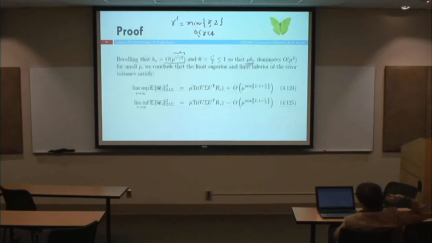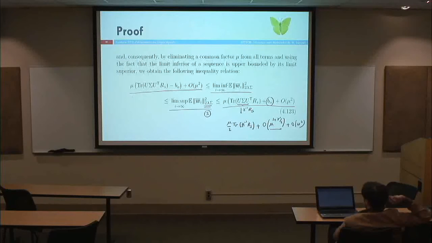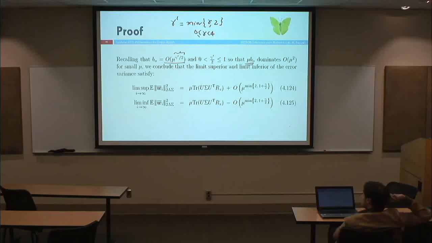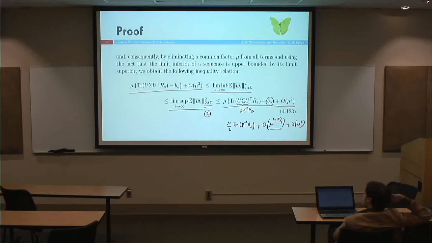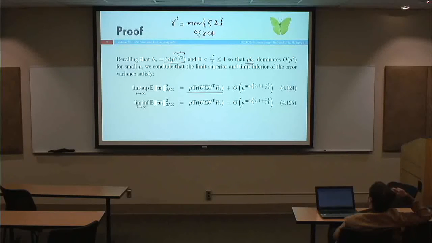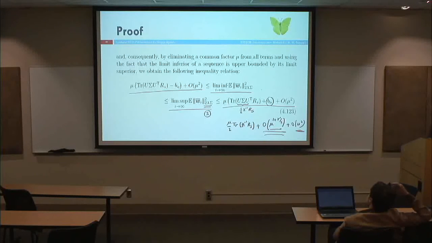So now if you take the lim sup as mu goes to 0, these are all terms that have mu in them. The lim sup will become the first quantity plus this quantity here because it dominates that. It's of that order.